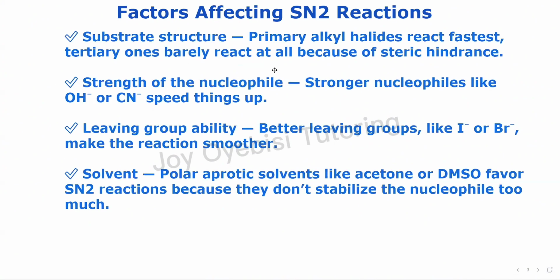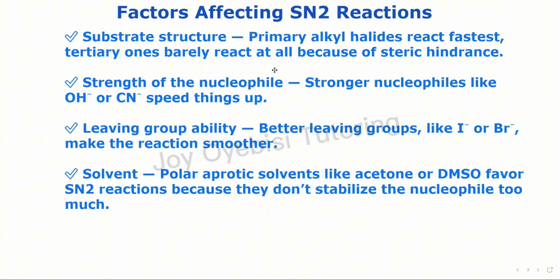The next thing we look at are the factors affecting SN2 reactions. The first one is the substrate. Since we say that it is bimolecular, which means that the rate depends on both the substrate and the nucleophile, of course, it's expected that the substrate structure affects the reaction.